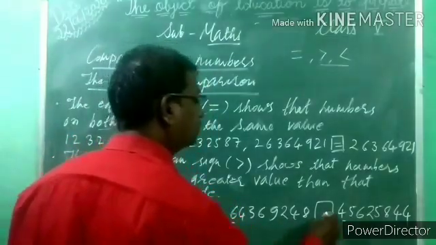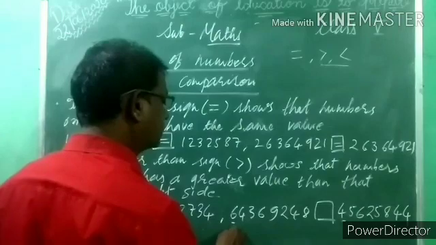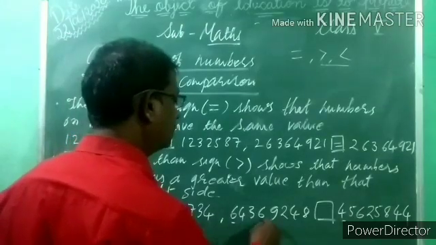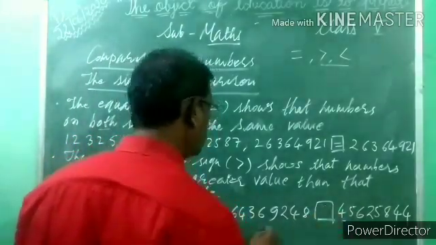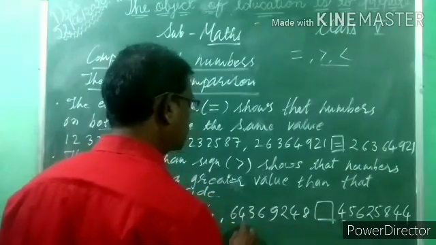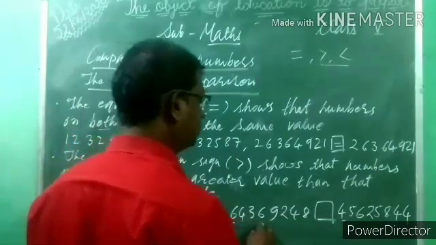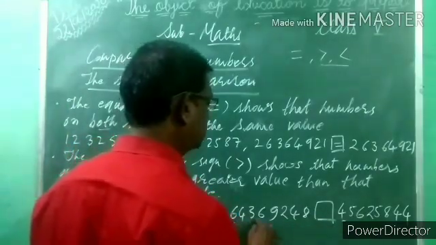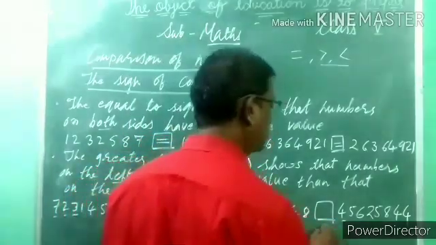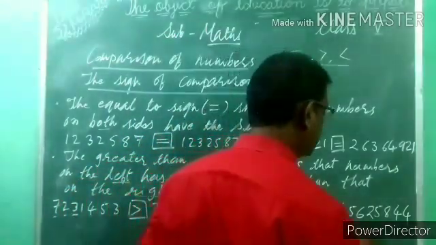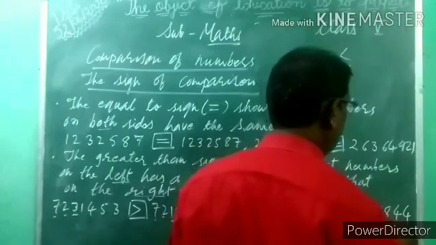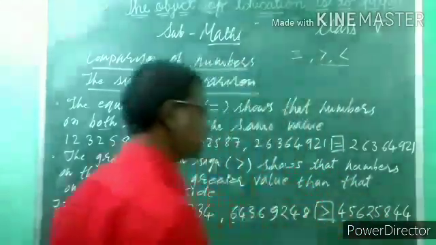So that's why this number is greater than that number, and you have to put the greater than sign. It means 6 crore 43 lakh 69,248 is greater than 4 crore 56 lakh 25,844. So you have to put the greater than sign.